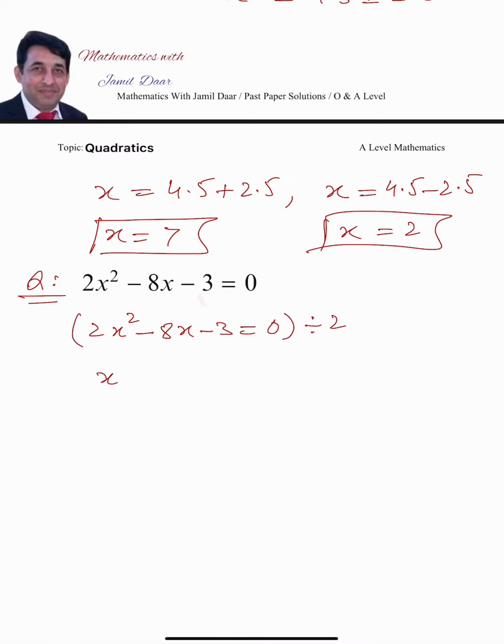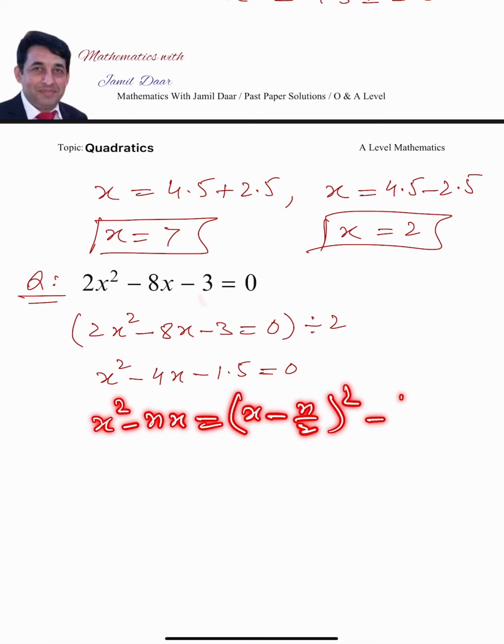So this will become x square minus 4x minus 1.5. 0 divided by 2 is 0. Now this is x square minus nx. So n is 4. So we'll apply the formula x square minus nx is equal to (x minus n over 2) whole square minus (n over 2) whole square.